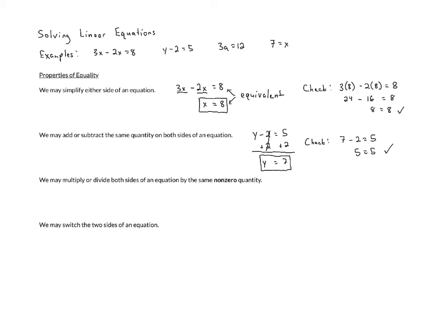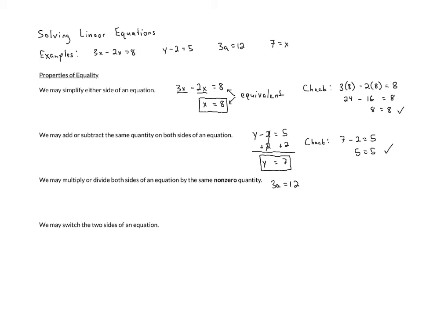All right, next we're going to look at the third property of equality. We may multiply or divide both sides of an equation by the same non-zero quantity. The example we'll use here is 3a equals 12. Now, 3a means 3 times a. So a is being multiplied by 3.